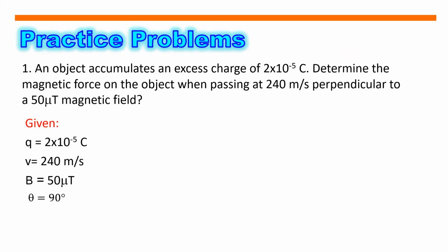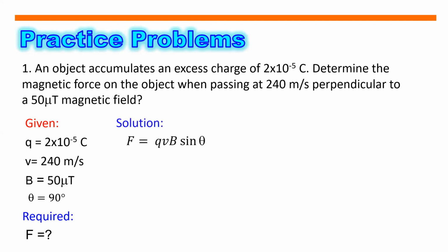The magnetic field strength is equal to 50 microtesla. The angle between the velocity and the magnetic field is perpendicular, so theta is equal to 90 degrees. We are asked to solve for the magnetic force experienced by the charge.